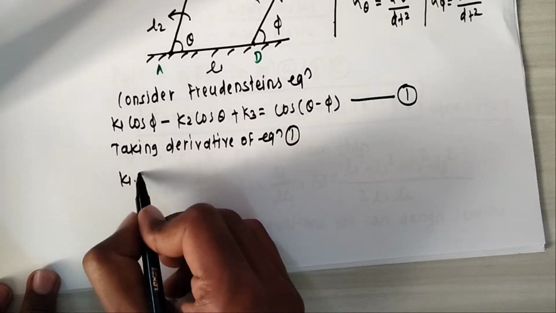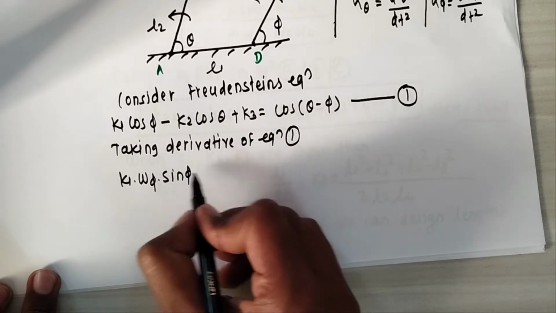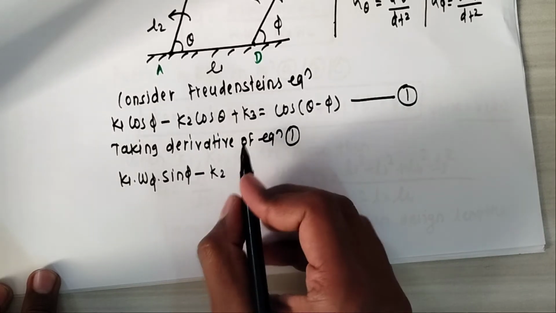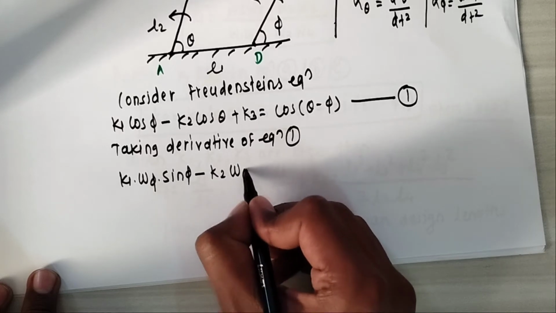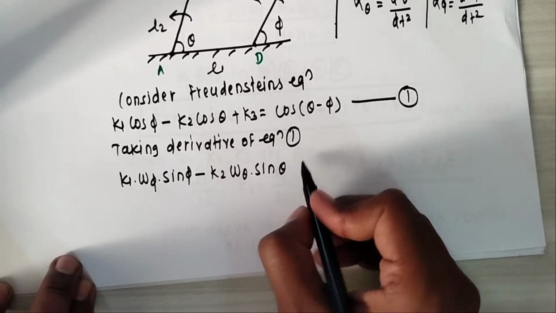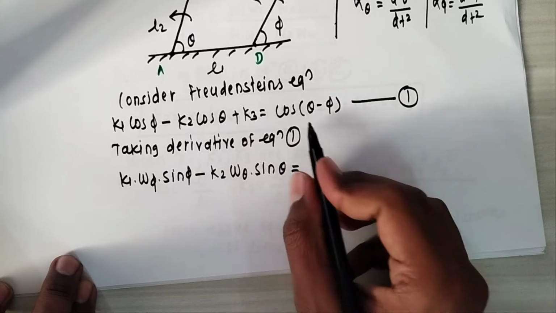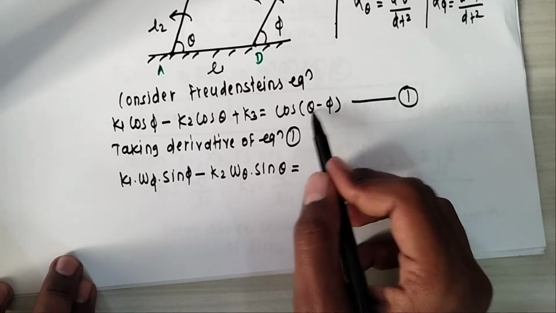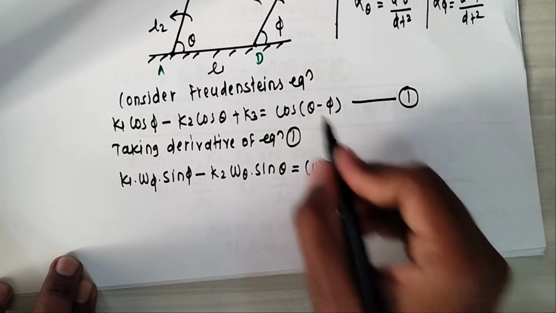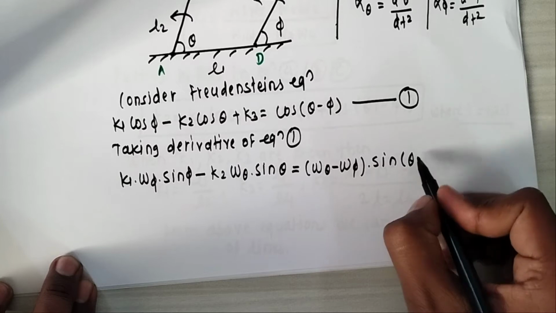So I am writing here directly k1 omega phi into sin phi minus k2 omega theta into sin theta, k3 derivative is 0, and this is equal to the derivative of cos, which is sin, so sin of theta minus phi into the derivative of this, that is omega theta minus omega phi, times sin of theta minus phi.